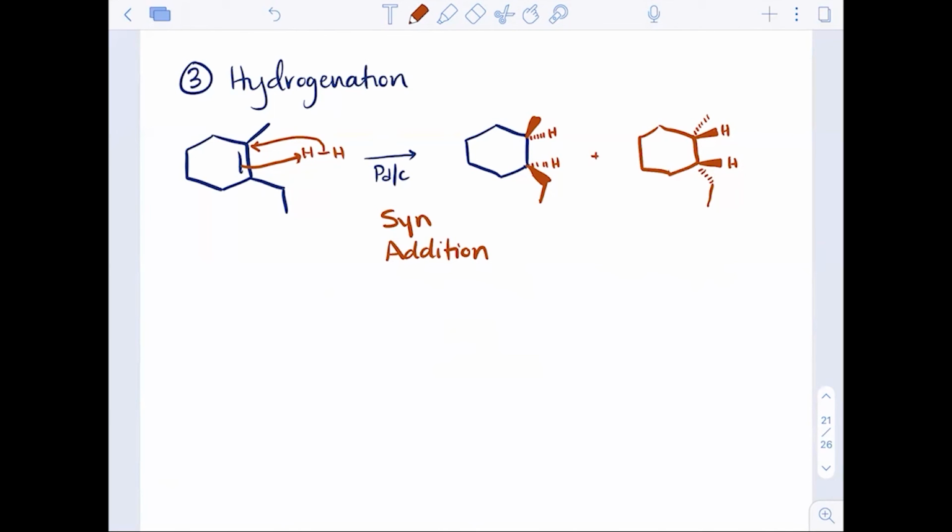But there's no carbocation intermediate, so no carbocation rearrangements. And there is stereoselectivity. So when we're thinking about these reactions, syn addition is the stereoselective nature. Those two sigma bonds will always appear on the same side, never on opposite sides.